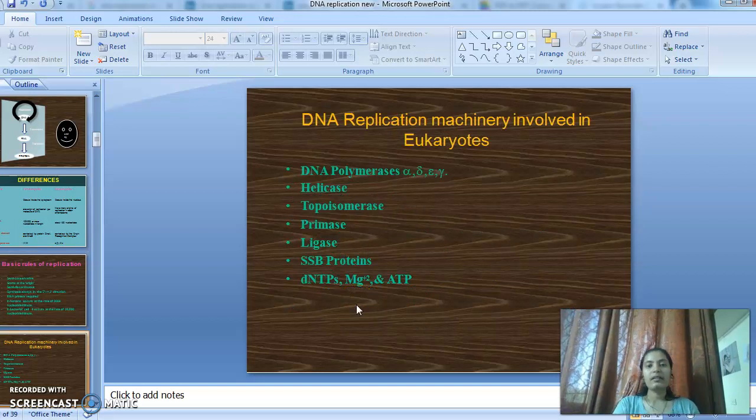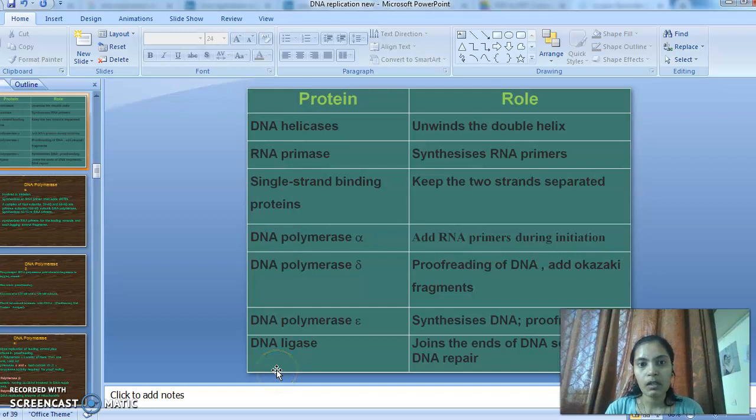So these are the basic components of DNA replication. First is your DNA polymerase, then you have helicase, topoisomerase, primase, ligase, SSB proteins, your dNTPs, that is your deoxynucleotide triphosphates, Mg2+ and ATP. So this is the role of the individual proteins or enzymes involved.